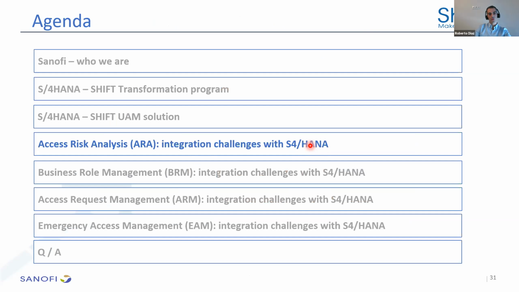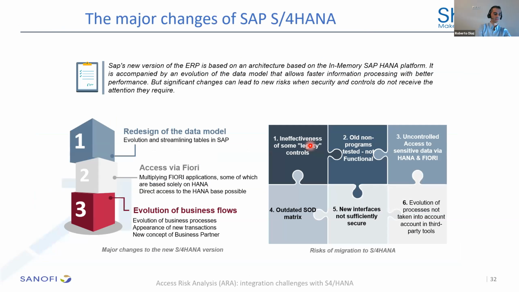Now we can go directly to the challenges, integration challenges from SAP GRC access controls and S/4HANA. So S/4HANA brings in memory, well, it's based on in memory SAP HANA, and well, it brings faster information processing, right?